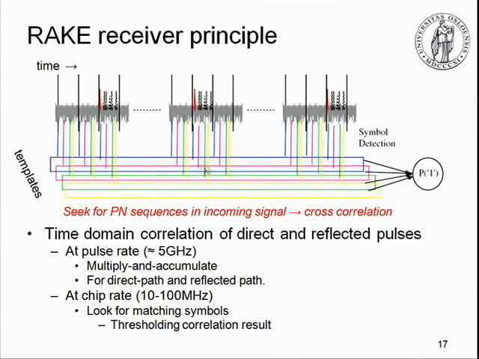I have to accumulate results to detect the probability of my symbol appearing, and that has to be done in a running fashion. So it's a running cross-correlation that goes on. I'm looking for that pattern all the time. I can't sit still and just look for it when I care. I have to do it all the time. That's why it's known to be a difficult and hard task to do.